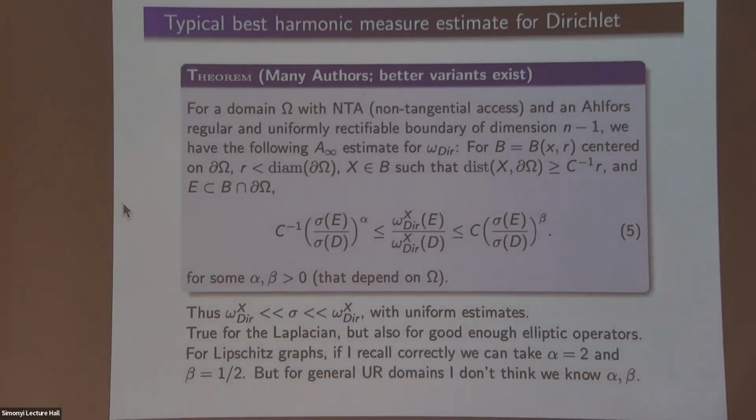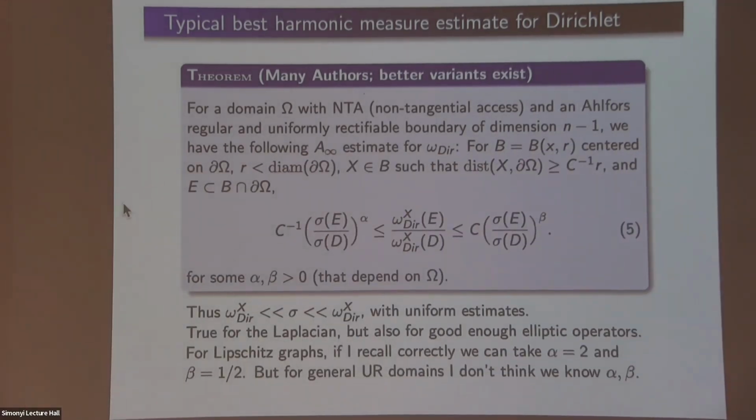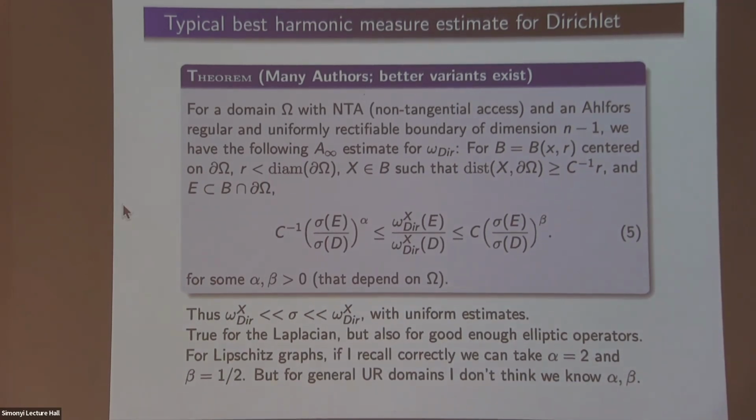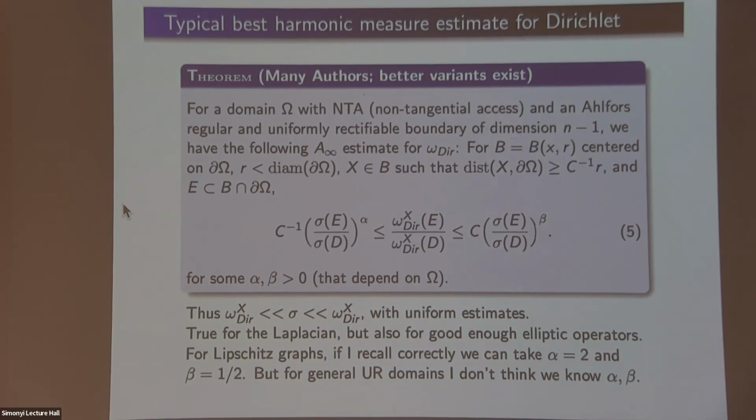This one we will keep. And here is a typical statement, and I think it's good. Take your domain, a point of the boundary, I think it's little x, and a ball. Let's pick a pole for the harmonic measure. The place of the pole is not very important, but let me not put it in the middle here.